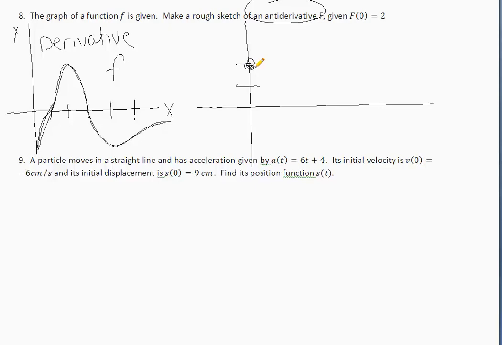So I know from 0 to 1, the derivative is negative. So from 0 to 1 over here, this is going to be decreasing. Okay? I know from 1 to 3, this is positive. So over here, from 1 to 3, I'm going to be increasing. And now for concave up or concave down, I know between 1 and 2, the first derivative is increasing.